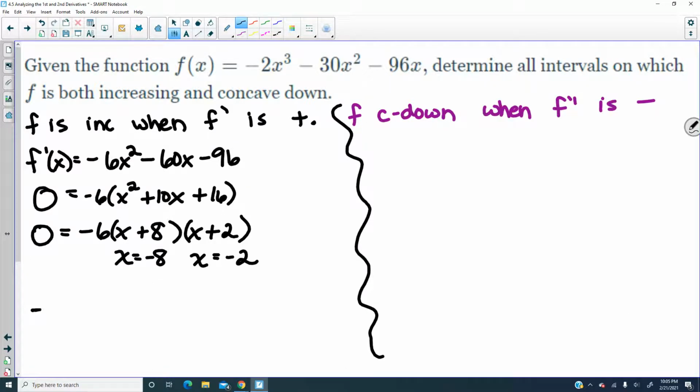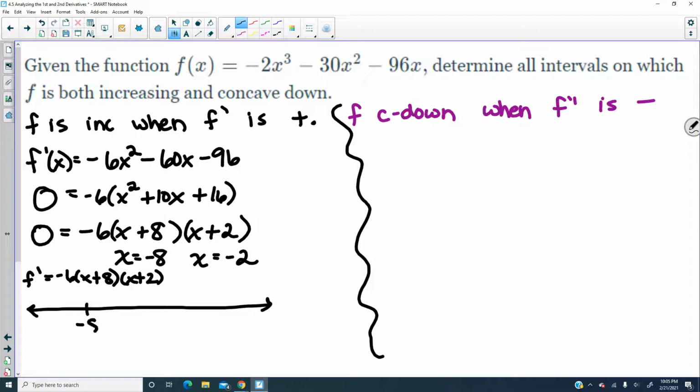I'm going to put those numbers on a number line and test them. f prime equals negative 6 times x plus 8 times x plus 2. Negative 8, negative 2.